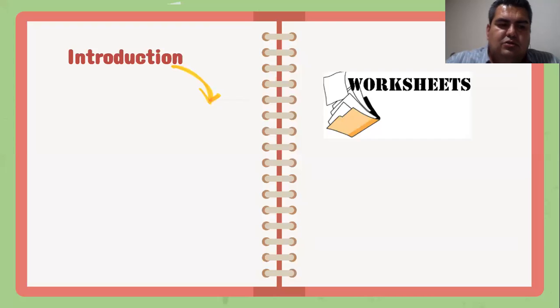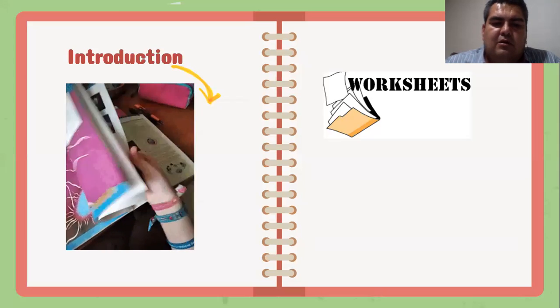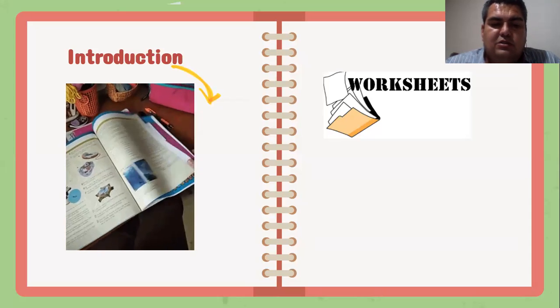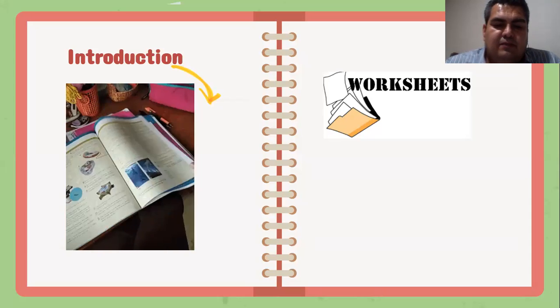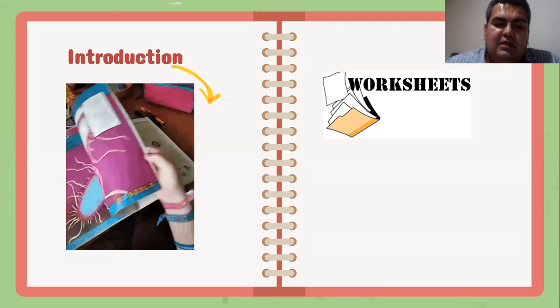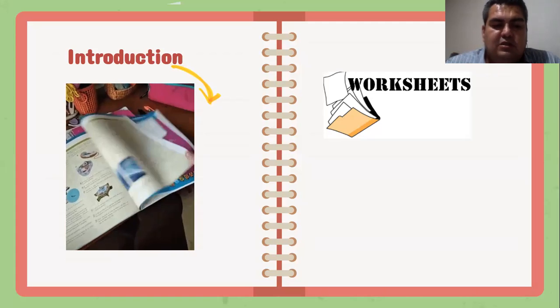As an introduction, I may say that teachers need some supplementation of the core books. Before teachers start designing the worksheets, they need to be clear about what they want the students to learn and how the worksheets will support this. It is important to have a clear view of the reasons why teachers are designing the worksheet.